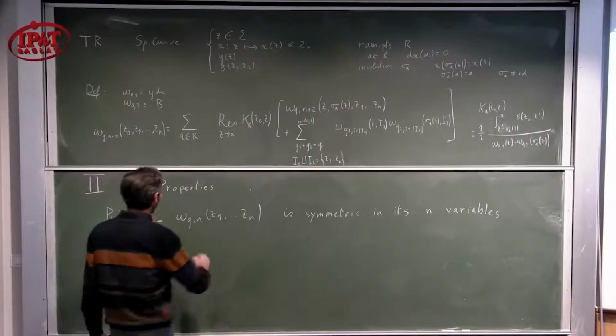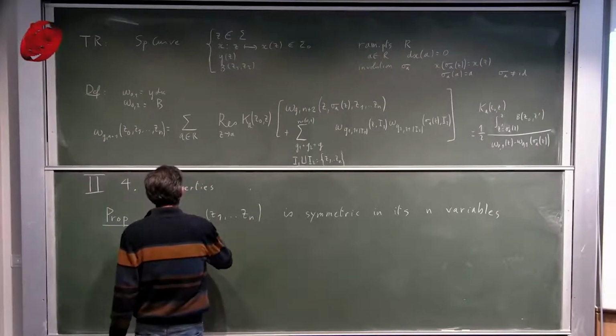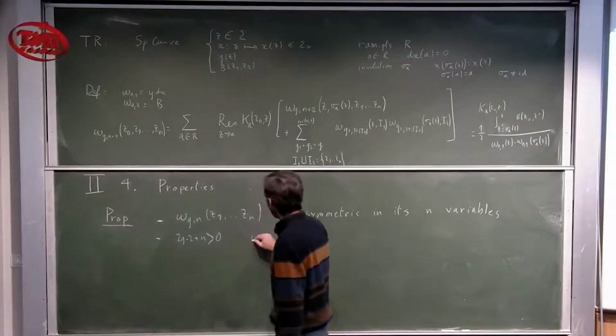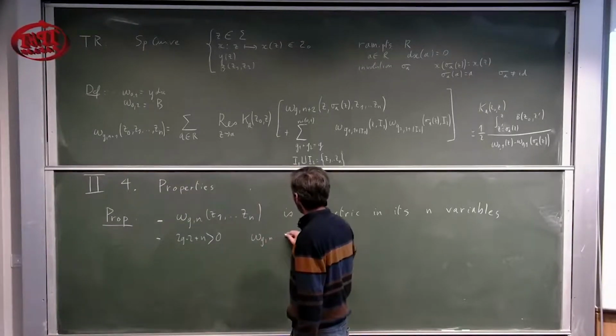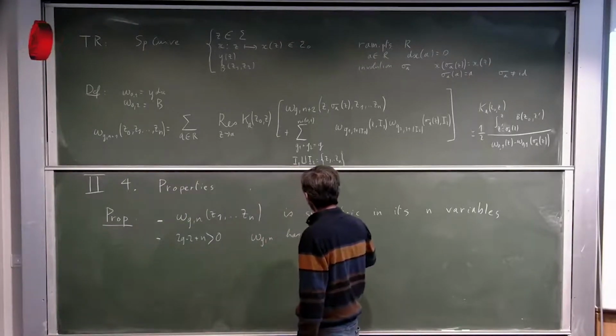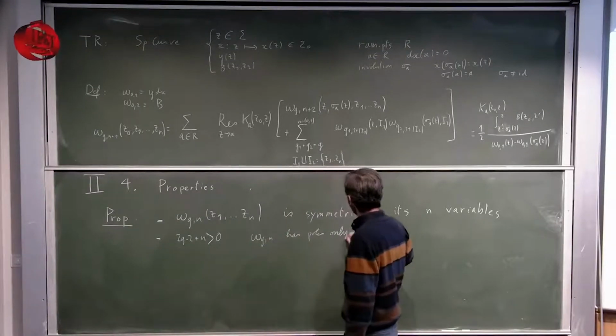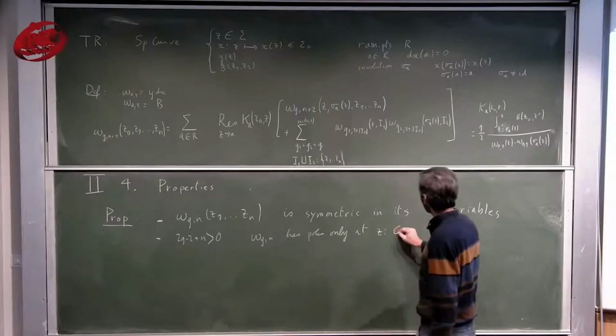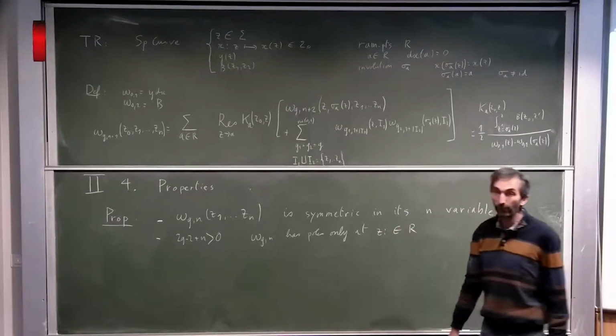The second fact is that for 2g minus 2 plus n positive, omega gn has poles only at zi being one of the ramification points.